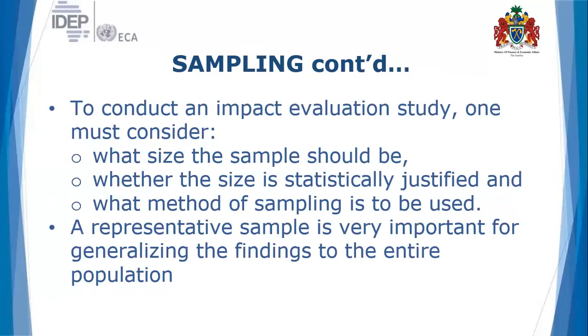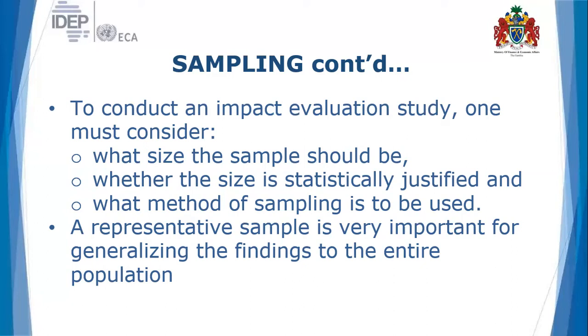To conduct an impact evaluation study, evaluators therefore must consider some key aspects, which are: number one, what size the sample should be. What is the appropriate sample size, for example? Number 2, whether the sample size is statistically justified or not.